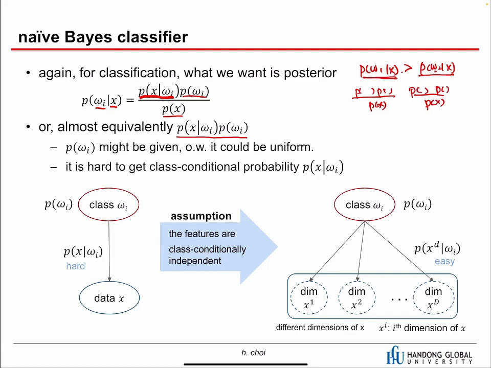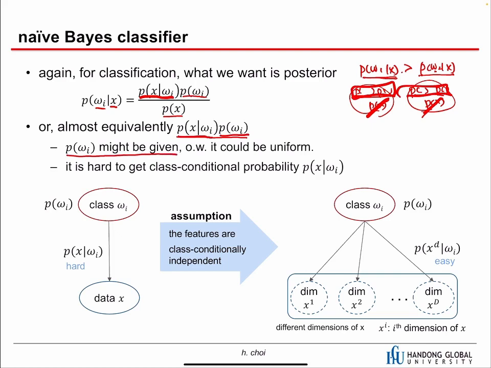So we have the same value here, and we can cancel it, because we are just comparing these two probabilities. So we can focus on this numerator. This one is the likelihood and this one is the prior, and this prior might be given.